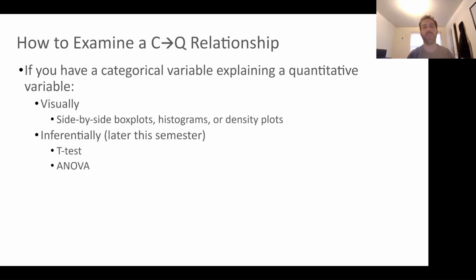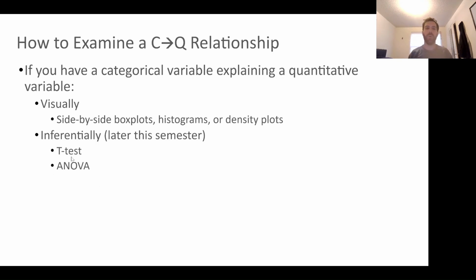On the other hand, when you have a categorical variable that you believe is influencing the outcome, which is quantitative, and remember, statistics doesn't tell you this, but you make the assumption when you label it as independent or dependent, inferentially, instead of a chi-square test, it's now referred to as a t-test or an ANOVA.